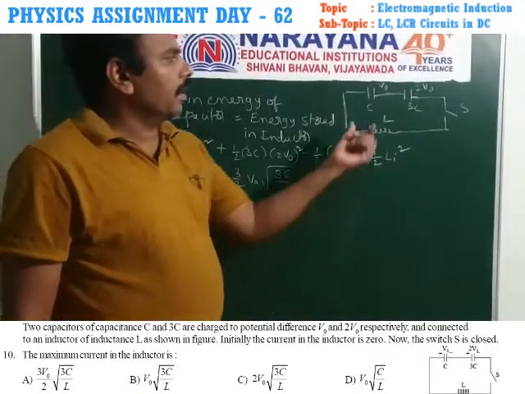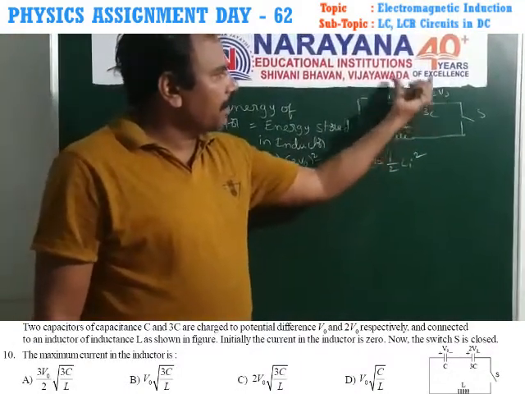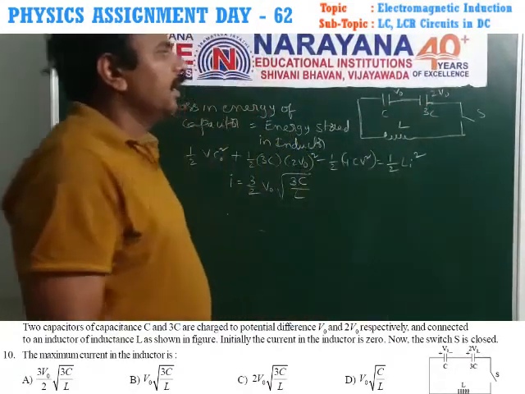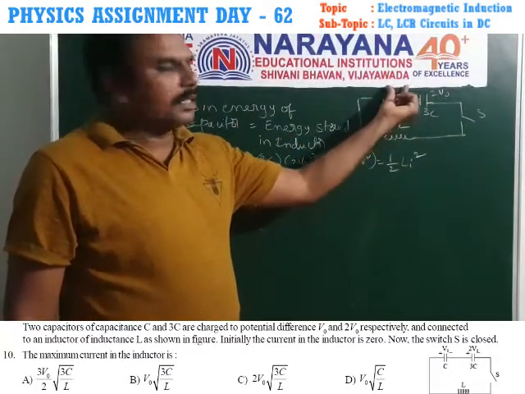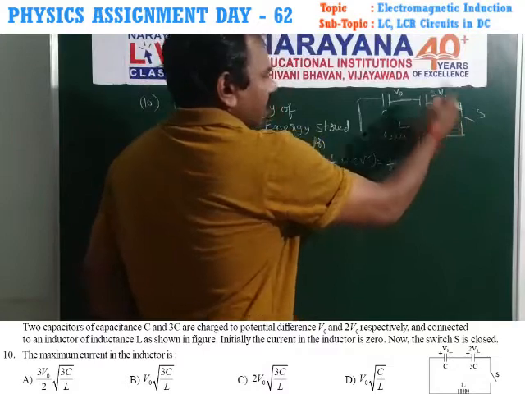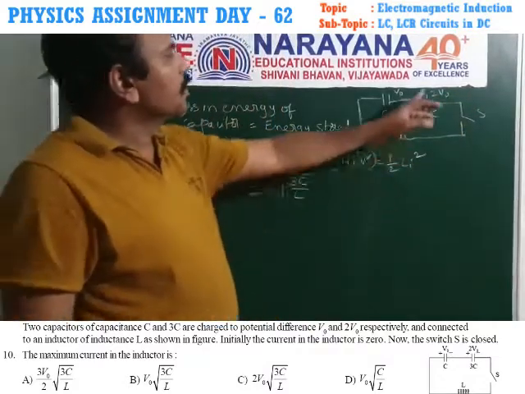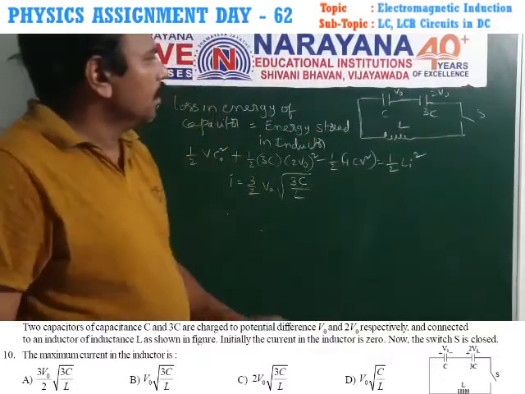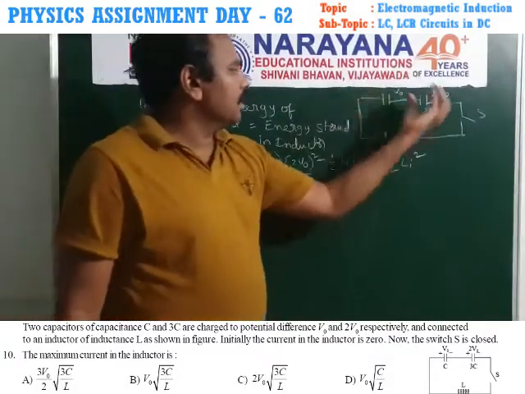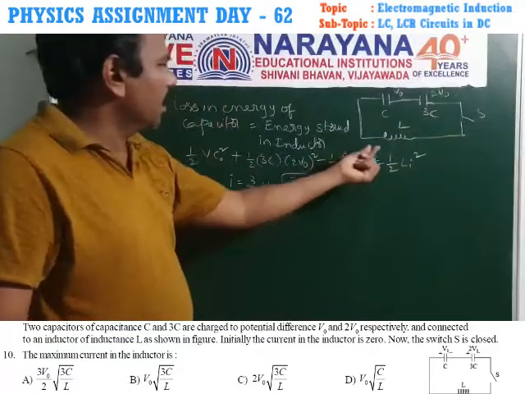In the Nth sum, the circuit diagram is as shown in the figure. The switch is closed here. Initially, the capacitor is at a voltage of V0, and another capacitor of capacitance 3C is at a voltage of 2V0. The switch is open initially. When the switch is closed, the total energy is distributed across the inductor.